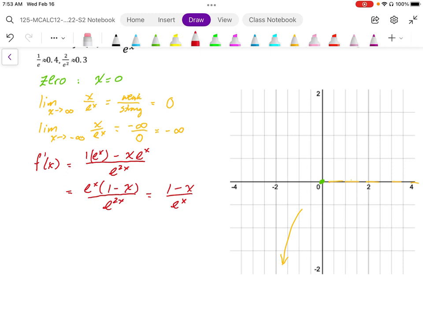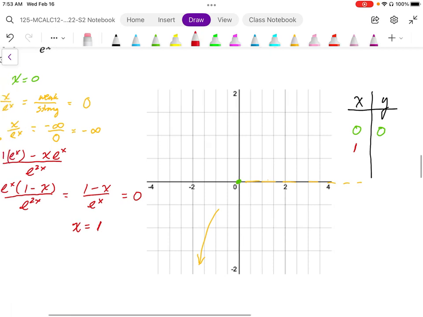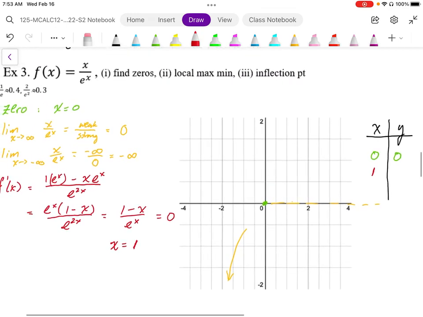And we want to know where this derivative is equal to 0. And it's equal to 0 at x equals 1. So I'm going to put that in my table of values. That's a potential min or max. Plugging that into my equation, when x is 1, f of 1 is equal to 1 over e.